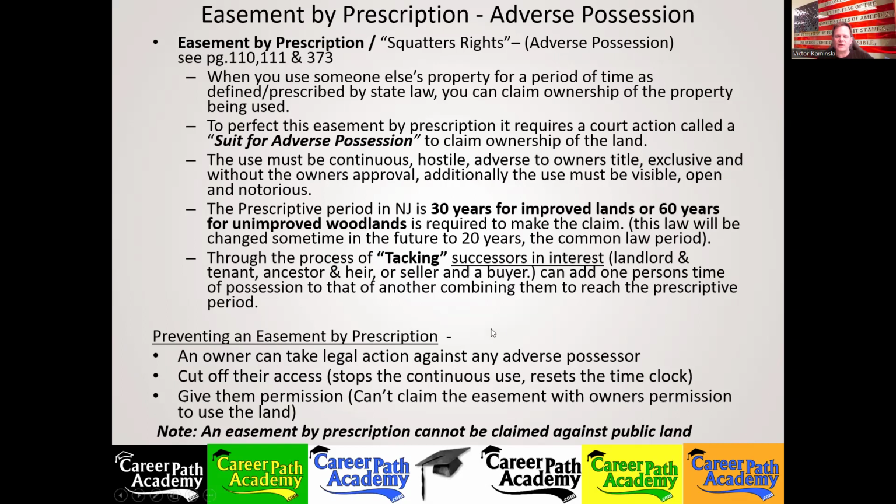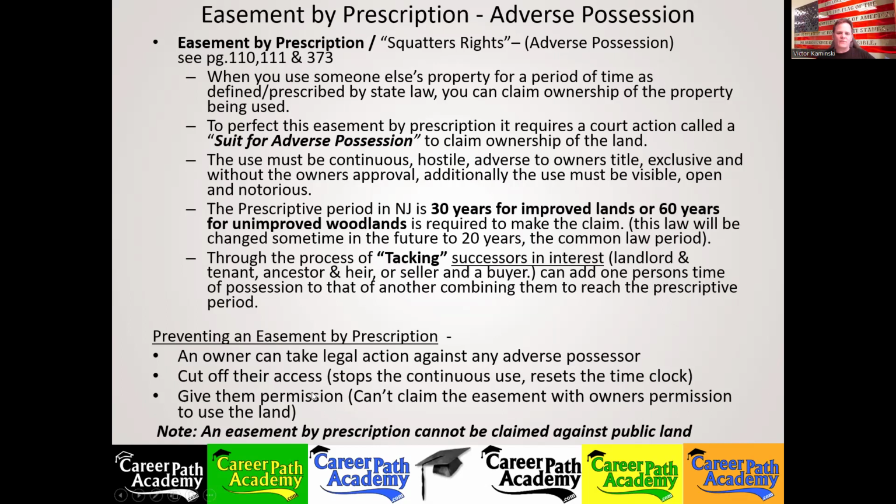So basically, the owner is aware you're using it. They're always complaining about it. They don't like it. They didn't approve it, but they're not taking any action to get you removed. If that's the case, and somebody files a claim of adverse possession, they could win it. It's your property. You've got to protect your property.